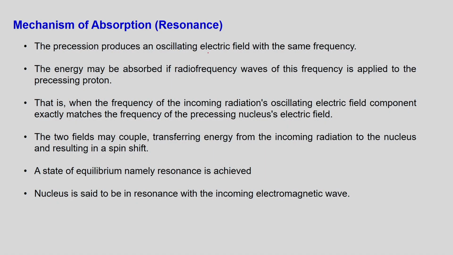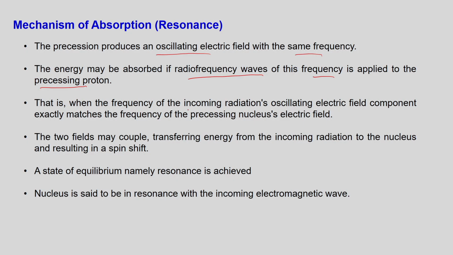The precession produces an oscillating electric field with the same frequency. The energy may be absorbed if radio frequency of this frequency is applied to the precessing nucleus. Whatever frequency you send to the nucleus, if it matches the frequency at which the nucleus is precessing about its axis, then we say it has resonance.